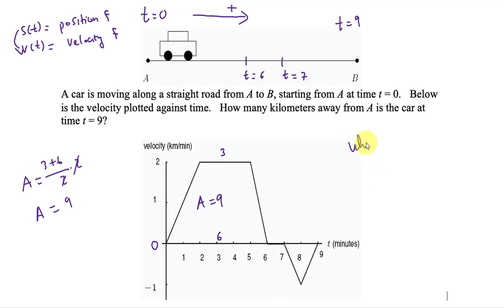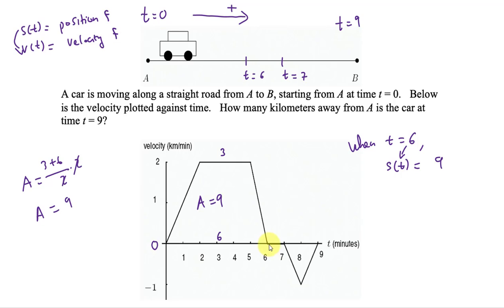That means when the time t equals 6, the position s of 6 is 9 units. 9 units away from the beginning, the point A. Right? So that is 9 units or 9 kilometers away from point A.